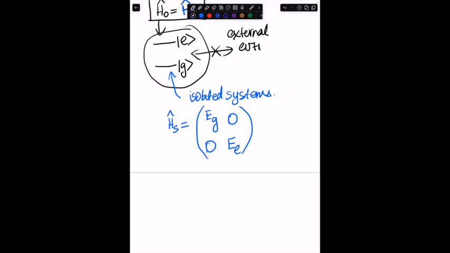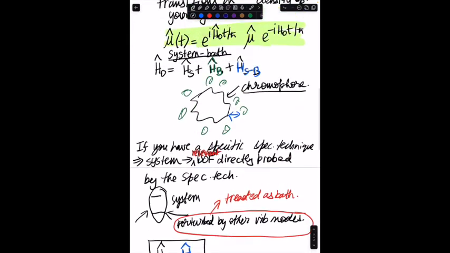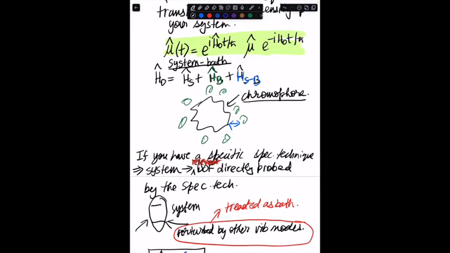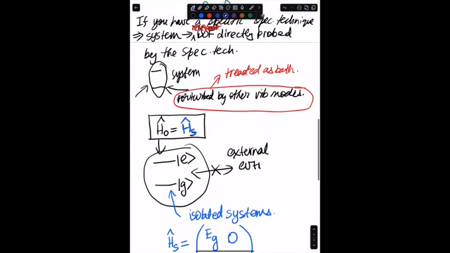We will introduce the system bath and the bath Hamiltonians later on because this system bath coupling is critical in describing spectroscopic line shapes. This system bath interaction is what governs the line shapes of your spectrum, either in linear absorption spectroscopy or in multidimensional spectroscopy.